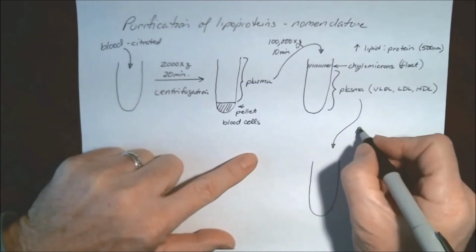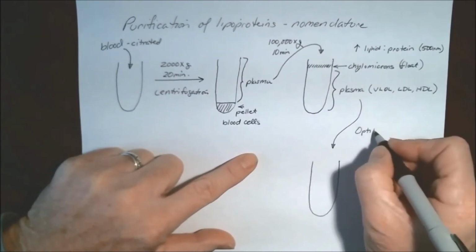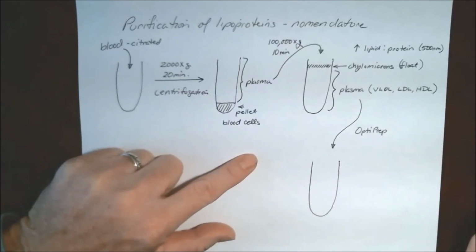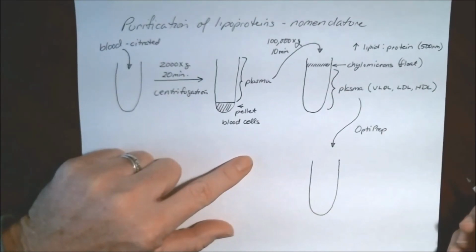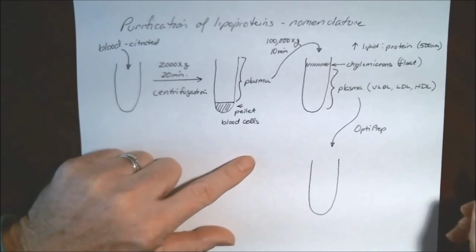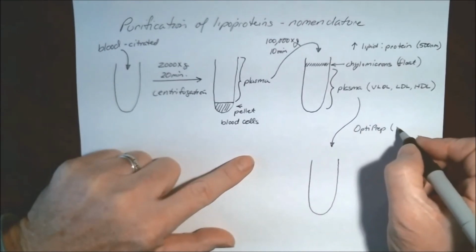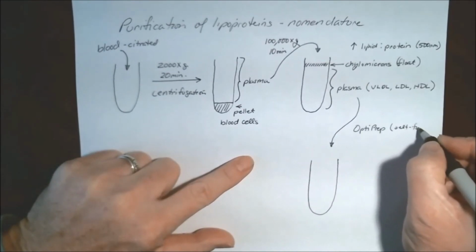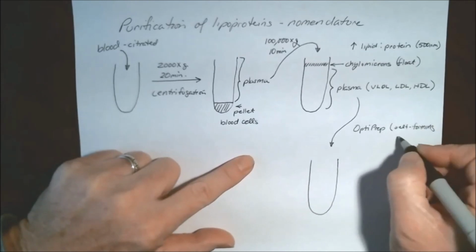But in this case, we are going to mix this material with a reagent called OptiPrep. And OptiPrep generates what's called a self-forming gradient.